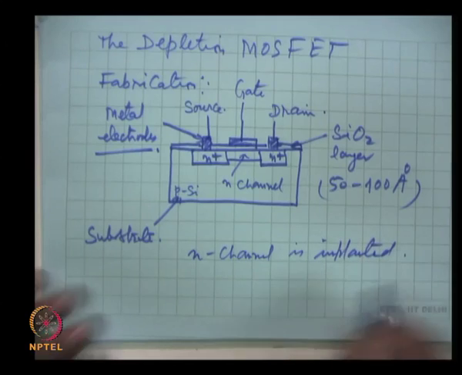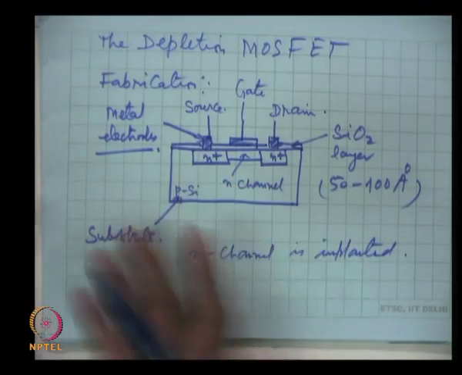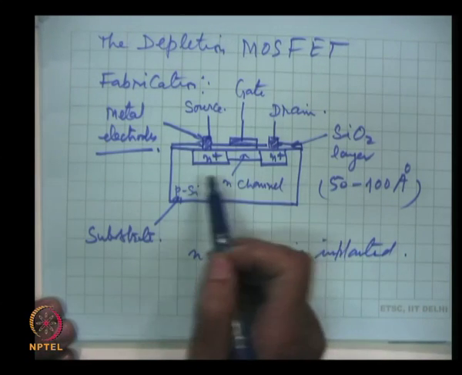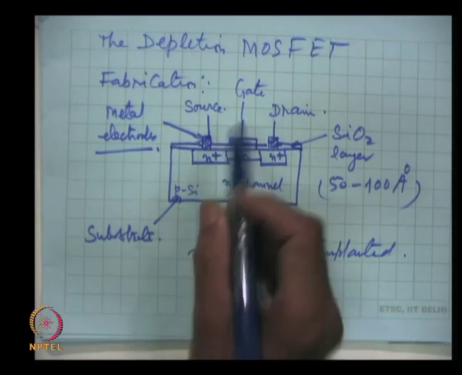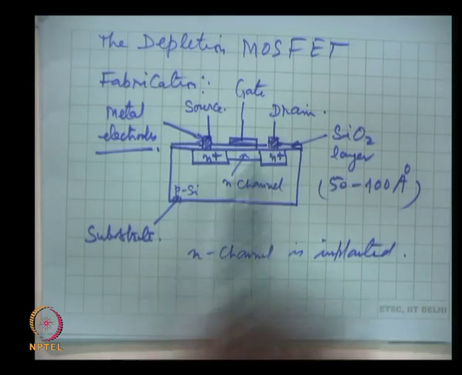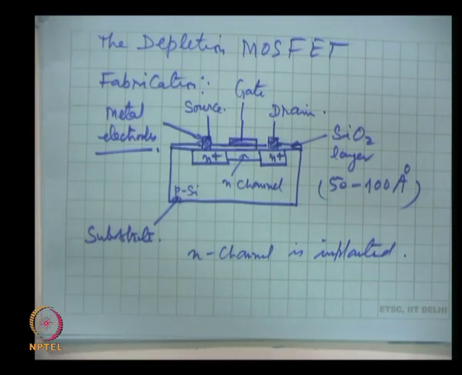These are sophisticated techniques of creating N or p type regions at specified places very precisely, because this dimension I will draw still bigger to make my points clear, but actually these dimensions are a fraction of a millimeter. The total dimension is a very small 1/100th of a millimeter or still smaller. So, the channel is implanted and the oxide layer is put, so that the gate and the semiconductor are separated by this oxide layer.